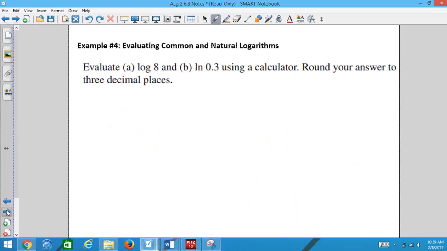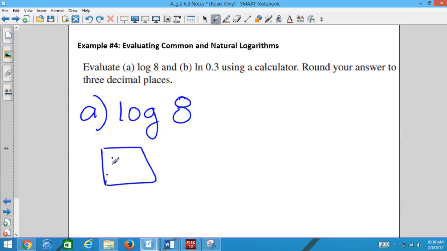All right, what is next? Oh, evaluating common and natural logarithms. So question A is to do log 8. You see this and you say, what base is that? It's not written there. And it's base 10. If it's not written there, it's base 10. But it's so common, it actually has its own button on your calculator. There's a log button. So you hit log, and then you hit 8.